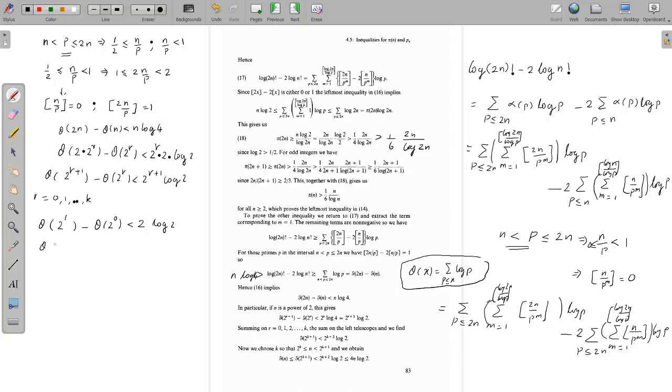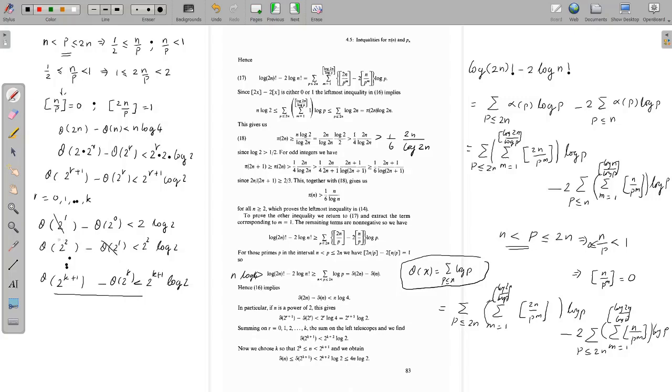The second one will be theta of 2 raised to 2 minus theta of 2 raised to 1 less than 2 to the power 2 log 2. Then all the way up to theta of 2 raised to k plus 1 minus theta of 2 raised to k less than 2 raised to k plus 1 log 2.